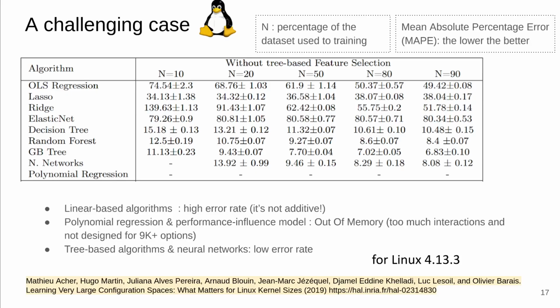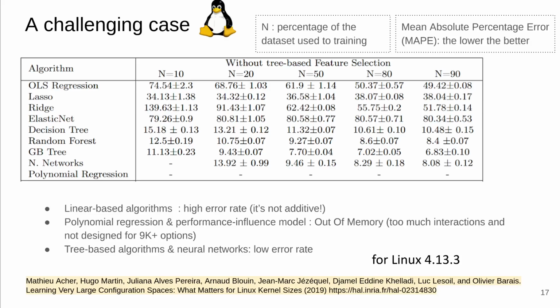And the first result is that basic linear regressions are not really working, even if you're shrinking the coefficients. Decision trees are quite okay, but the best learning technique is definitely gradient boosting trees. You can reach 6% error if you invest some budget, like here, 90% of the whole dataset, which is basically 90k configurations, which is quite a lot.